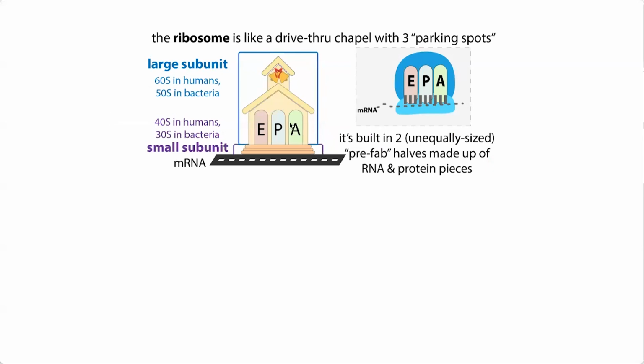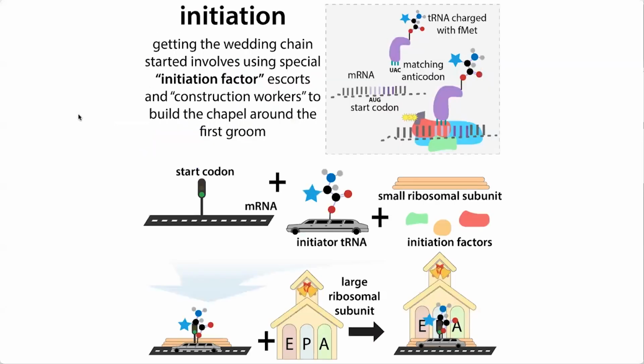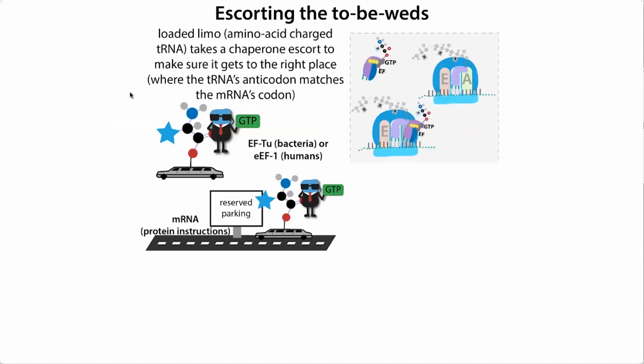So basically we have our chapel with these 2 parts, the small subunit, the large subunit. The party starts by building that chapel around the first groom, which is brought in by a special limo or initiator tRNA. All the future brides and grooms are going to be brought in by the chaperone escorts, which are our G proteins.